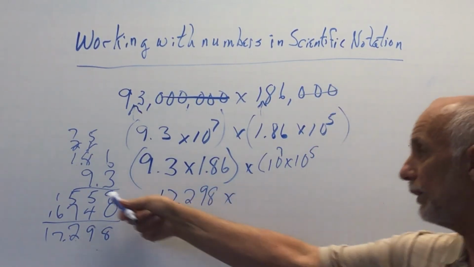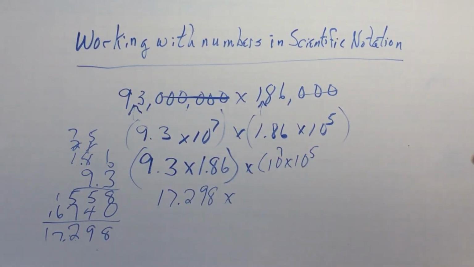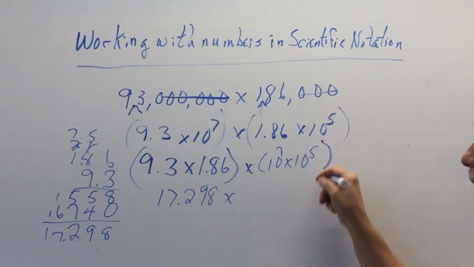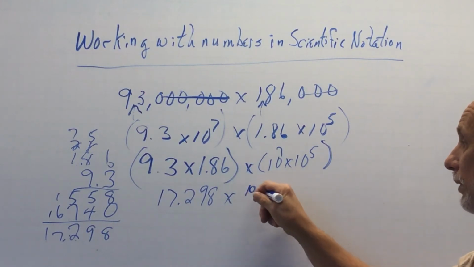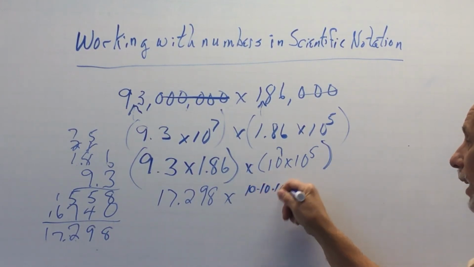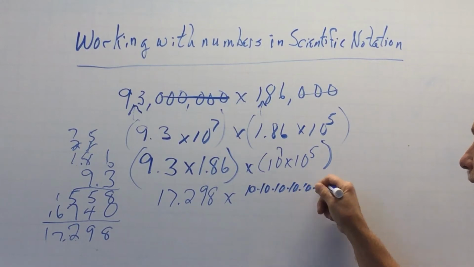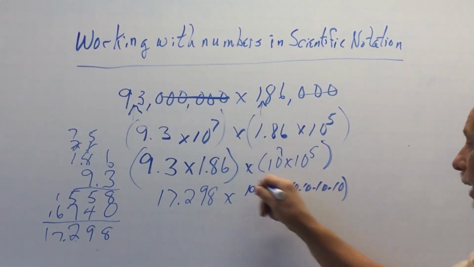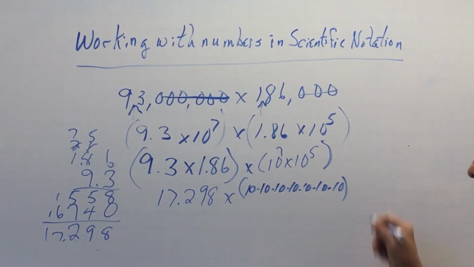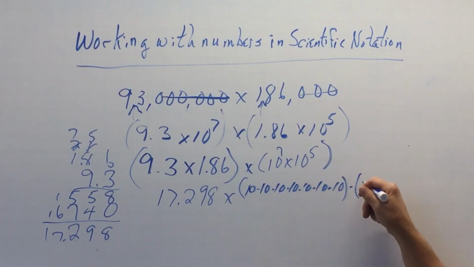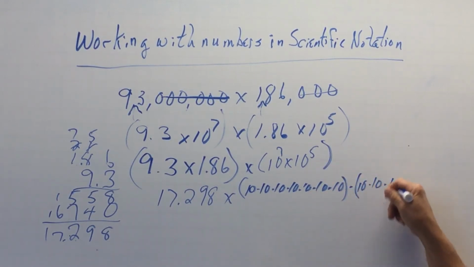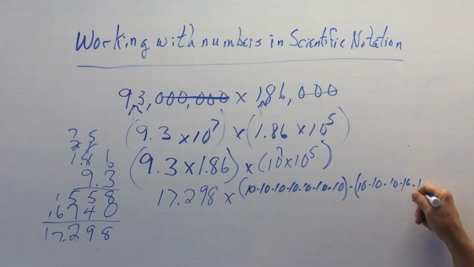Now you say, that was easy, this is hard. No, this is actually pretty darn easy too. If you know that 10 to the 7th means 10 times 10 times 10 times 10 times 10 times 10 times 10. How many tens? 7. And 10 to the 5th is 10 times 10 times 10 times 10 times 10.